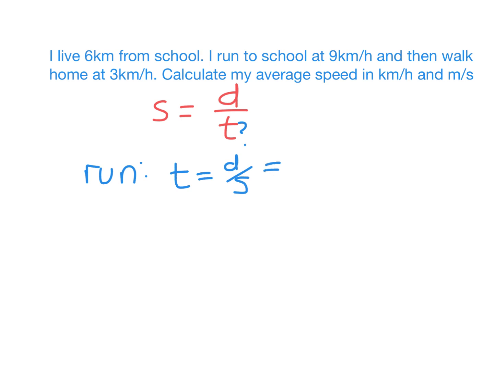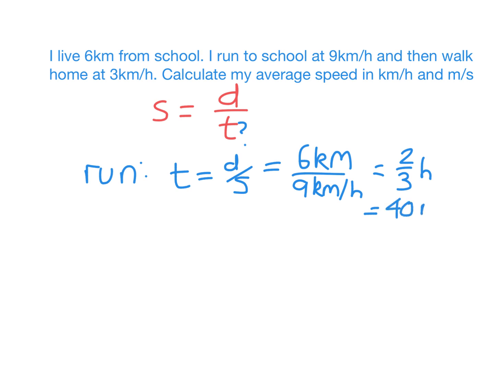So the time taken is 6 kilometers over the speed of 9 kilometers per hour. 6 divided by 9 is 2/3. Because it was hours on the bottom here, that's my time in hours. So it's not 2/3 of a minute, it's 2/3 of an hour. If you want that in minutes, times by 60, we have 40 minutes. It would take me 40 minutes to run to school.